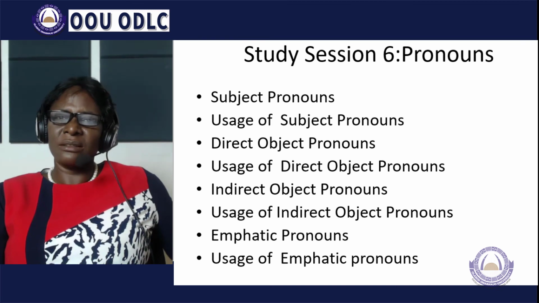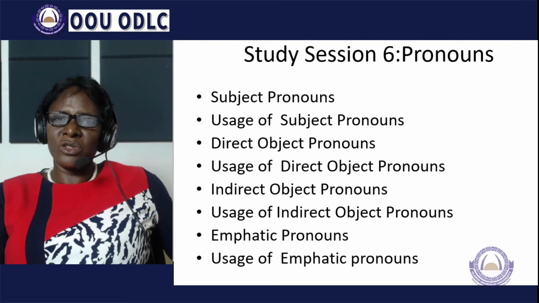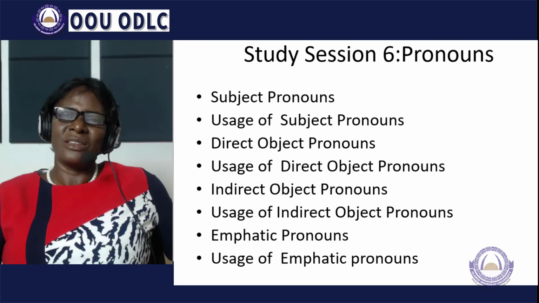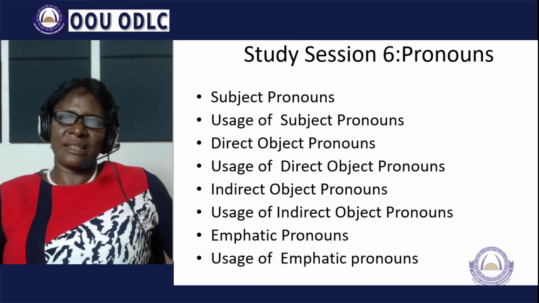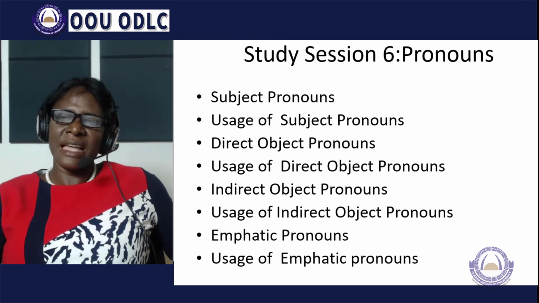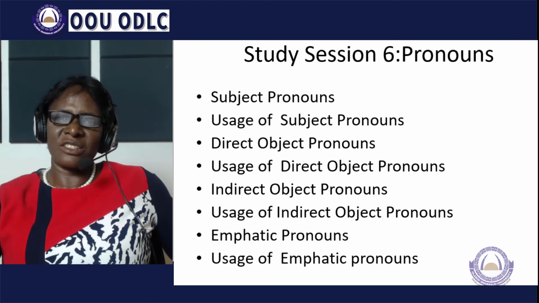J'ai besoin de ta voiture. If I don't want to mention your car again, I just say I need it because j'en ai besoin. So en is referring to that car. If I say I want some cherries, je veux des cerises. I want them, j'en veux. Okay, so en has replaced the cherries.